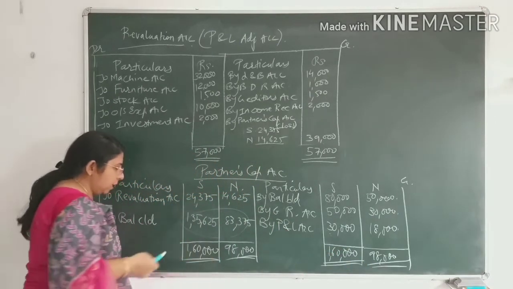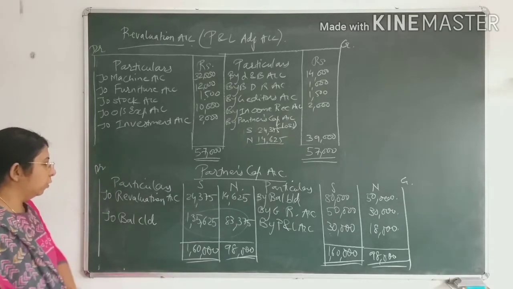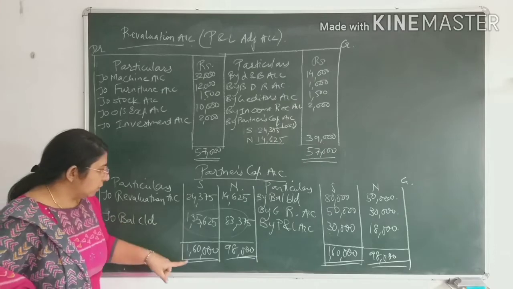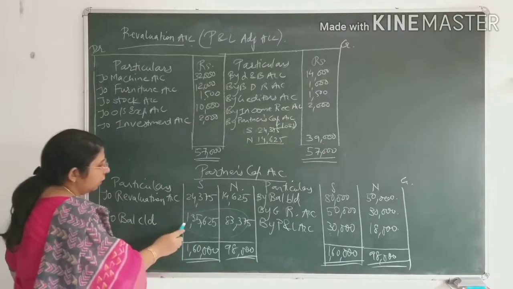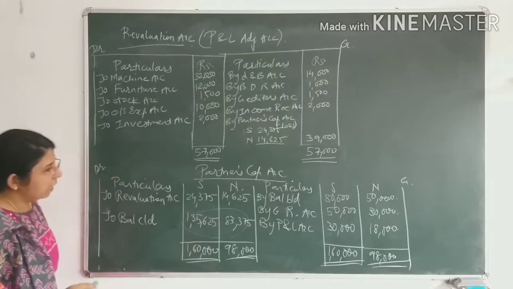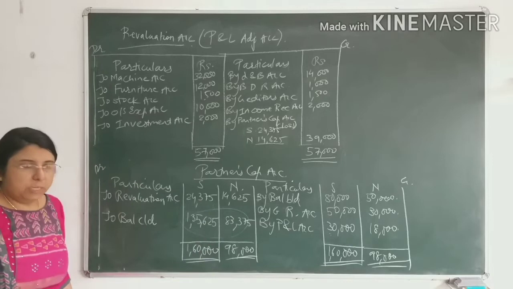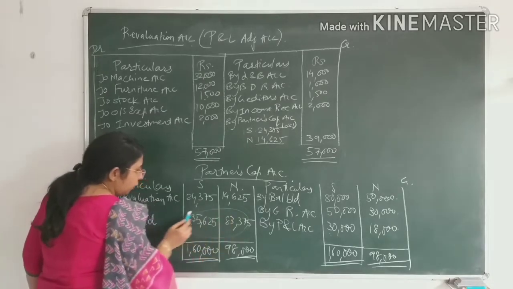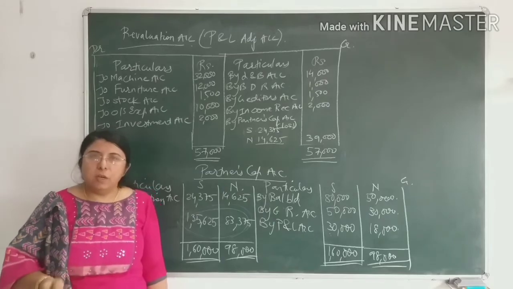You will place the same total on both sides, and now you will find the difference after subtracting the value, that is 24,375. For S, the closing balance would come to 1,35,625, and for Nirmi it would come to 83,375. This closing balance of capital we will transfer to the balance sheet after revaluation.